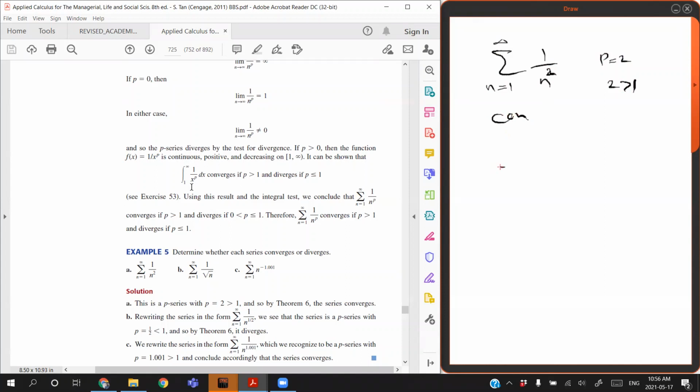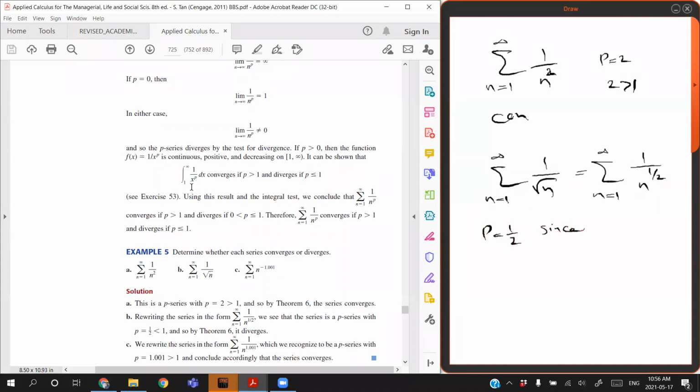Or when you look at this one, sigma 1 over root n, n from 1 to infinity, that's sigma n from 1 to infinity 1 over n to the power of 1 over 2. So P is equal to 1 over 2.